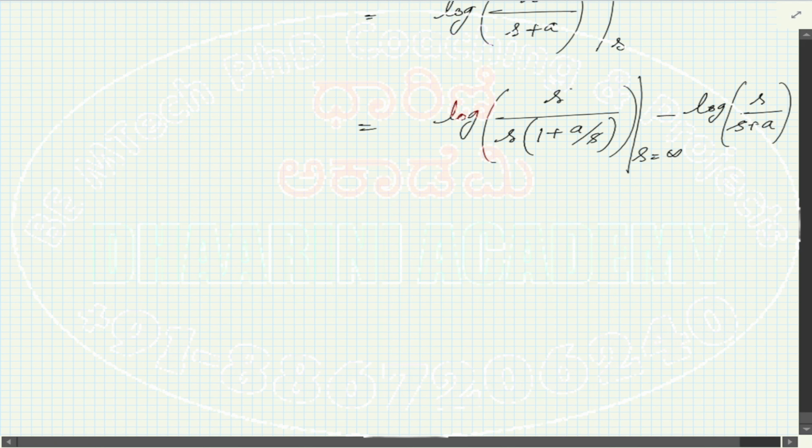But you see that this s cancels when you put infinity, log of 1 divided by 1 plus 0, so log of 1, the whole term becomes equal to 0.